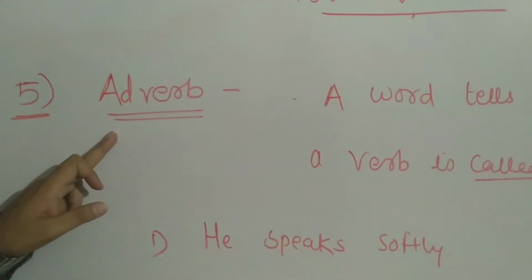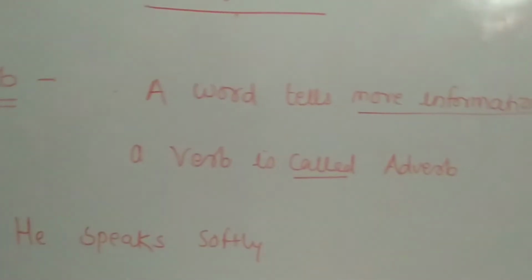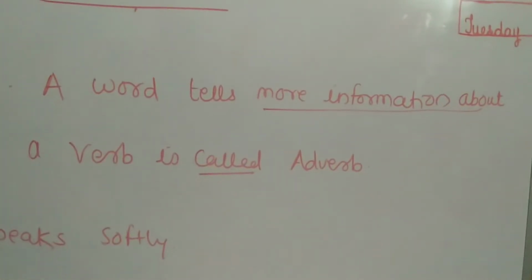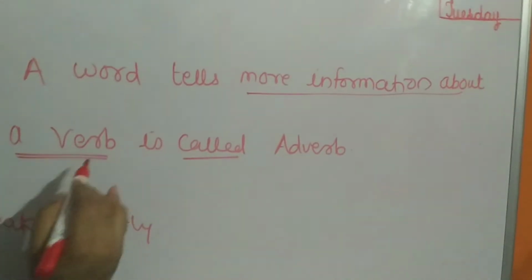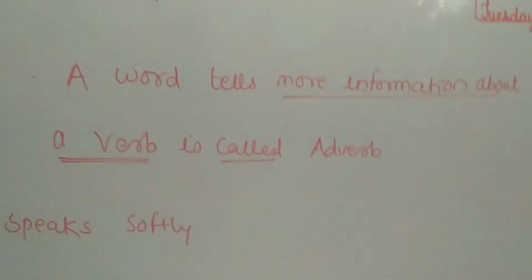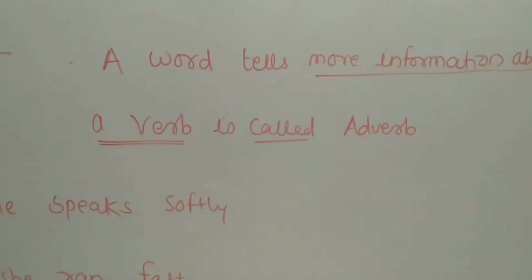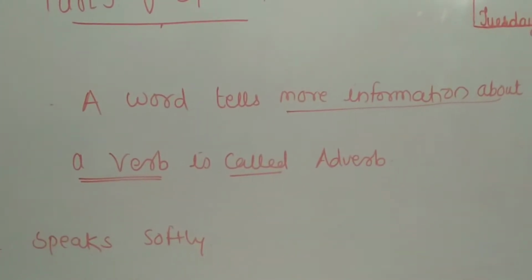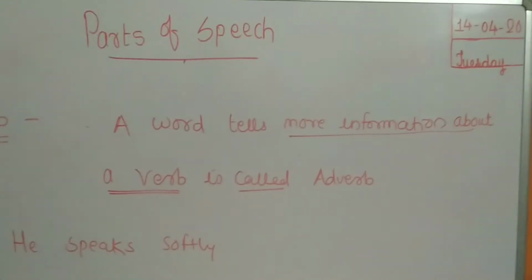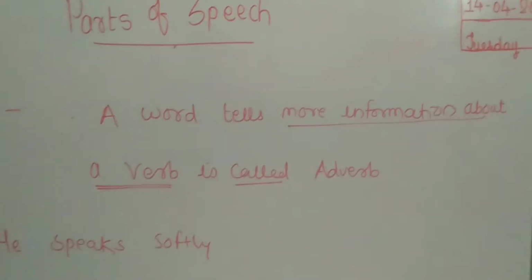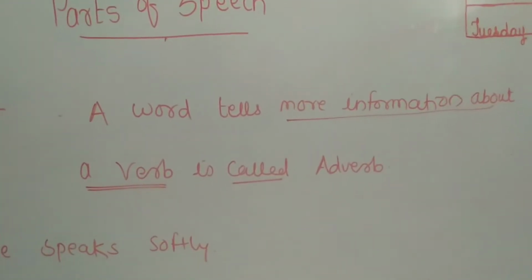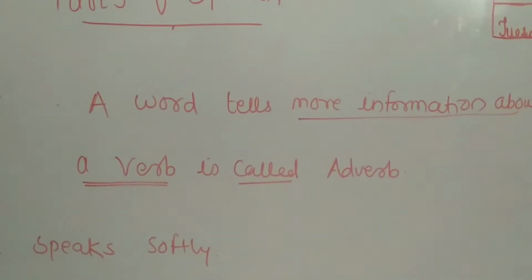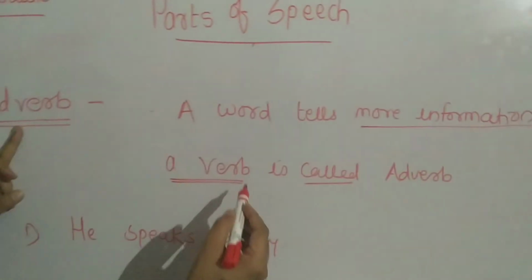Now see the definition of adverb: a word that tells more information about a verb. Now dear student, you should identify the difference between the definitions of adjective and adverb. An adjective tells more information about a noun or a pronoun, but an adverb tells more information about a verb.